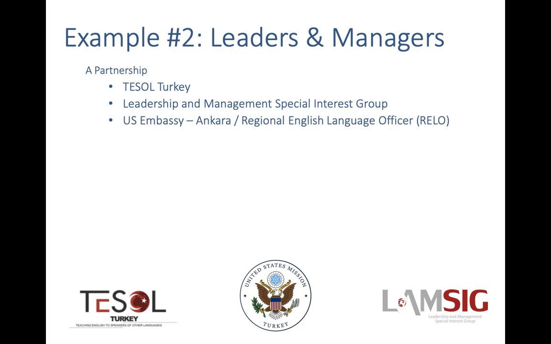Our third partner in this is the U.S. Embassy Ankara, which has given us funding, along with the Regional English Language Officer, also known as RELO. We've received funding from the embassy to establish a pilot micro-credentialing program for leaders and managers in English language teaching.